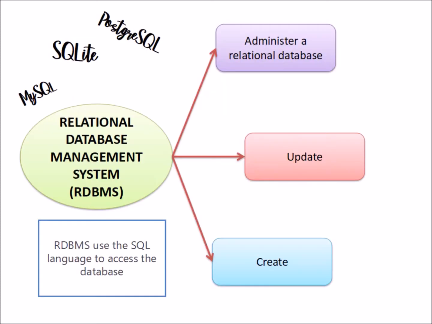A Relational Database Management System or RDBMS is a program that allows us to create, update, and administer a relational database. Most relational database management systems use the SQL language to access the database. SQL language is a programming language used to communicate with data stored in a relational database management system.